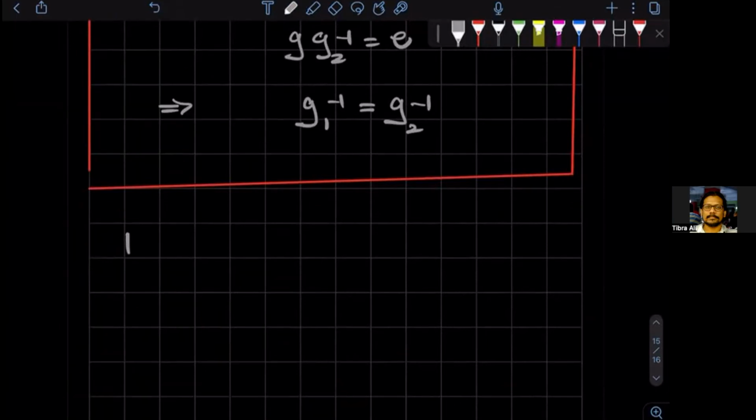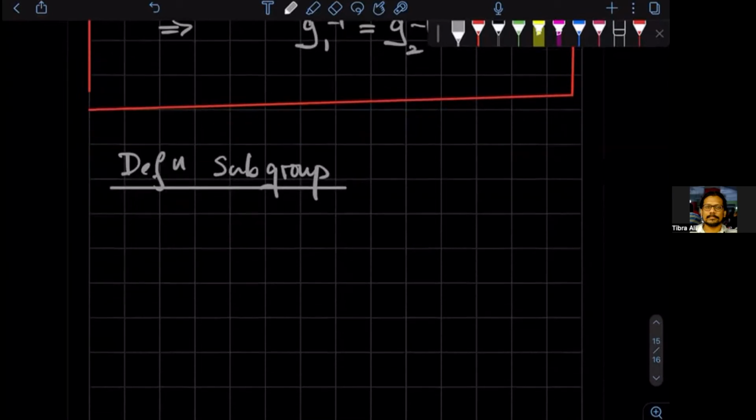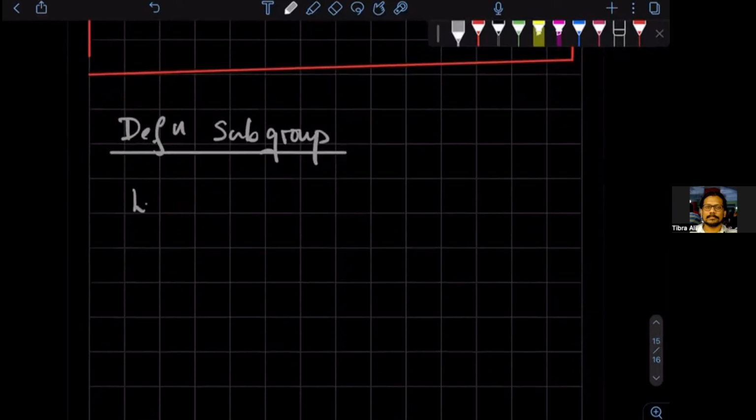So next, let's define the subgroup. So what is a subgroup? Let G be a group.